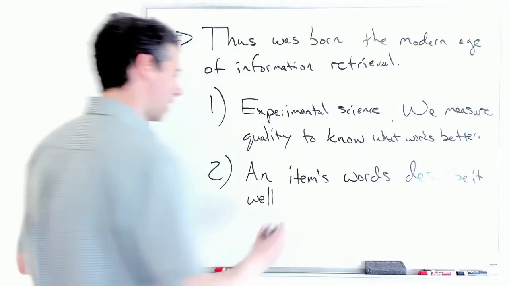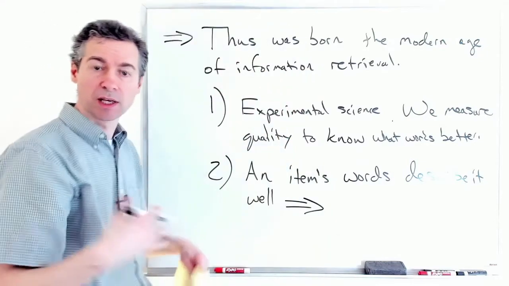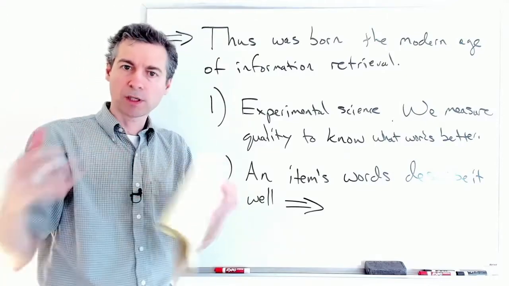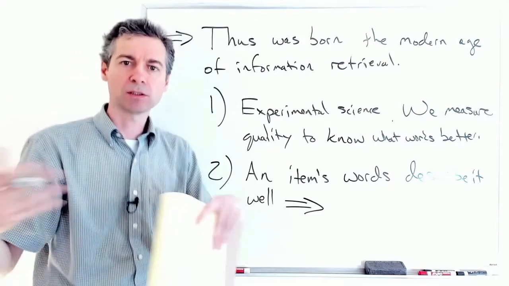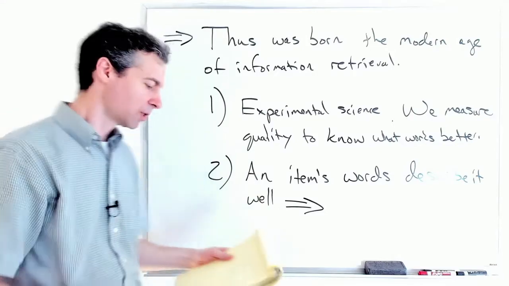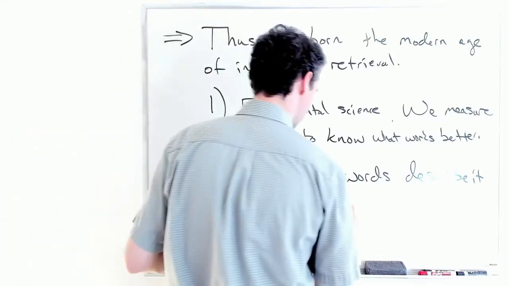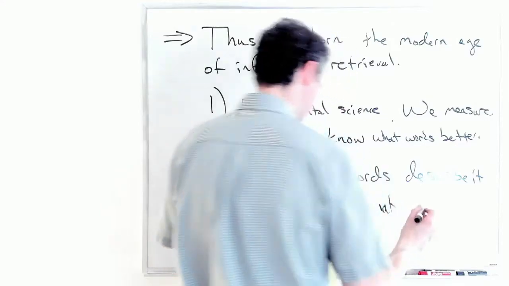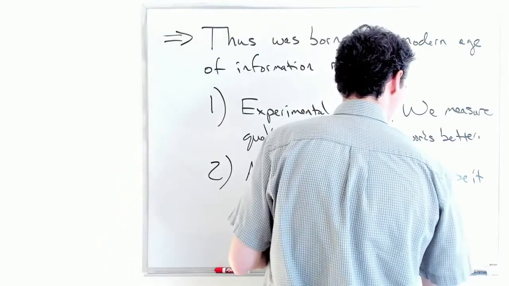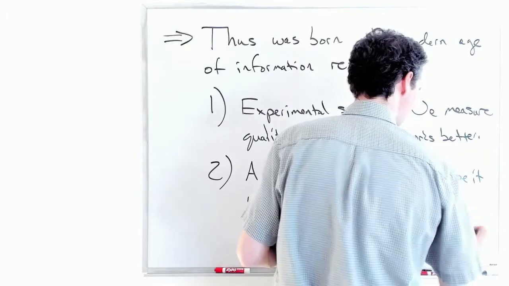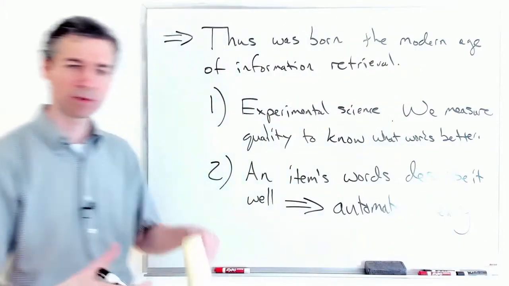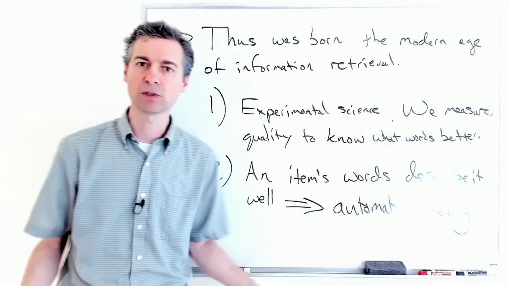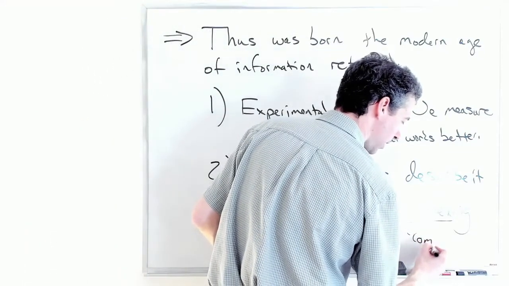And this really leads us to, so what we had was subject indexing, librarians picking words, manual indexing of items. But this really leads us to the world of automatic indexing, because if it just is a matter of taking the words from the item, well, we can get a computer to do that. We can get a computer to take a document, break it up into words.